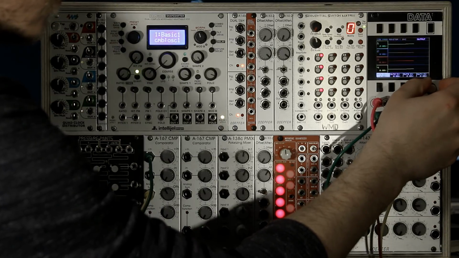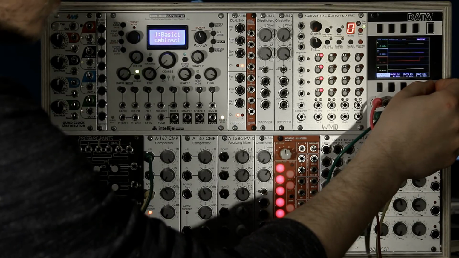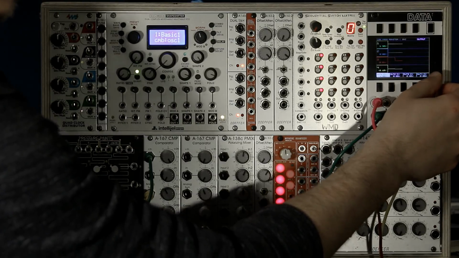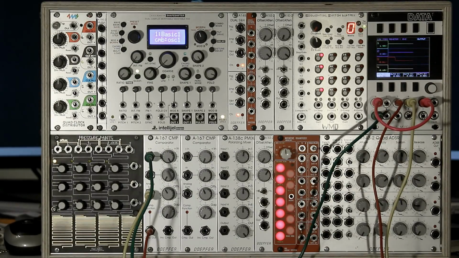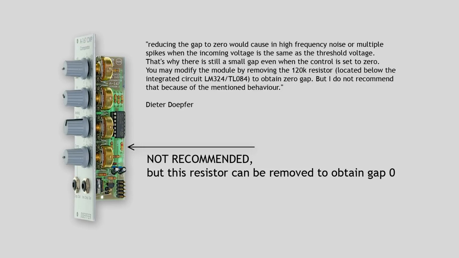This gap control can be very useful in many creative ways, but I was wondering about the gap when the gap control is set to 0, so I reached out to Dieter Doepfer and asked about it. This was his response: reducing the gap to 0 would cause high frequency noise or multiple spikes when the incoming voltage is the same as the threshold voltage.